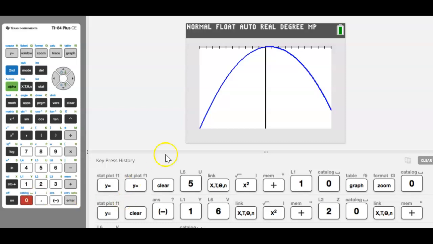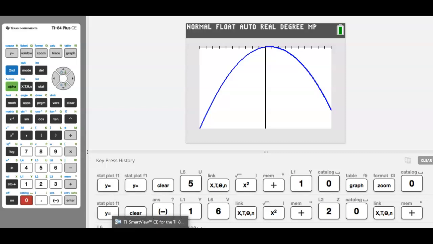It's very clear from the shape of the graph. The graph is concave downward, opening downward, and therefore we will have a maximum at the vertex. So let's discuss how to find those pieces of information.